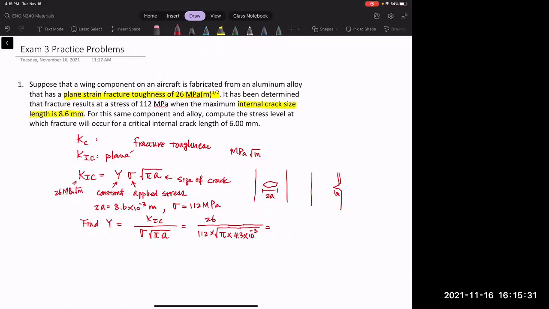Okay, so I got this Y is approximately equal to 2. So that is 2, then what you have to do is that they wanted you to find what happened if the internal crack size is 6.